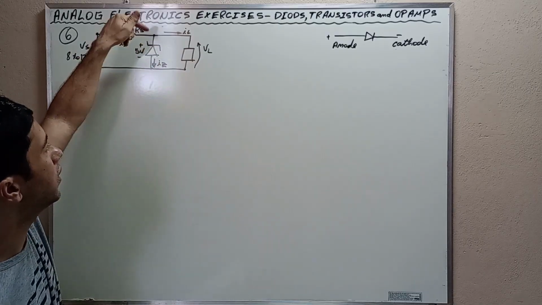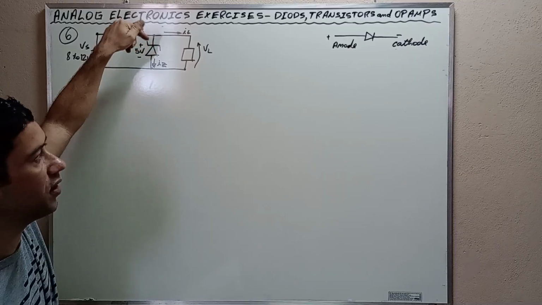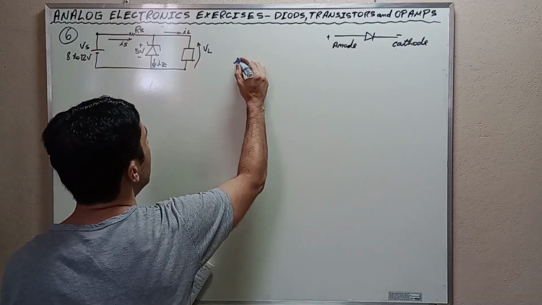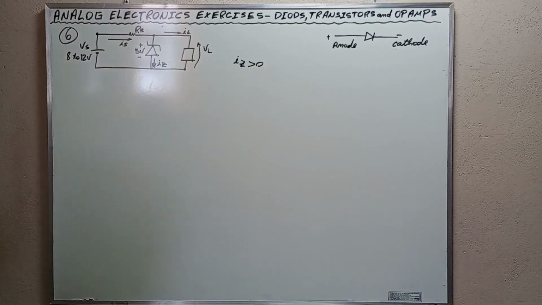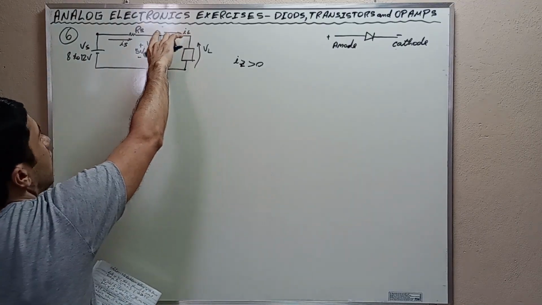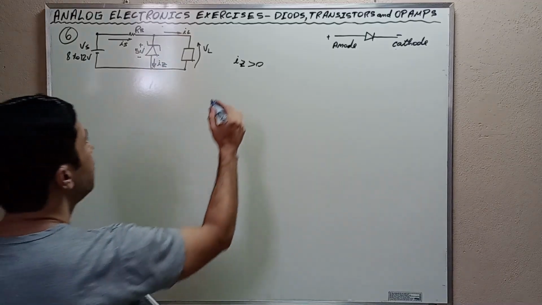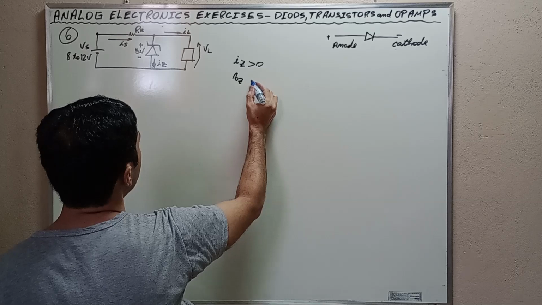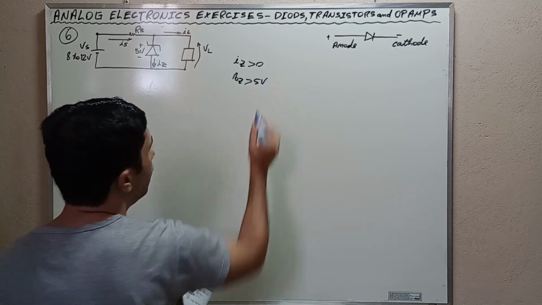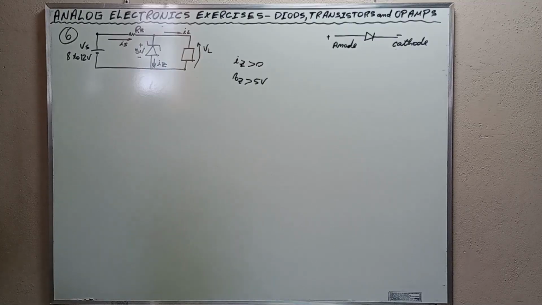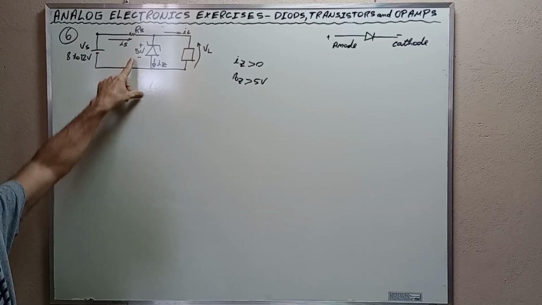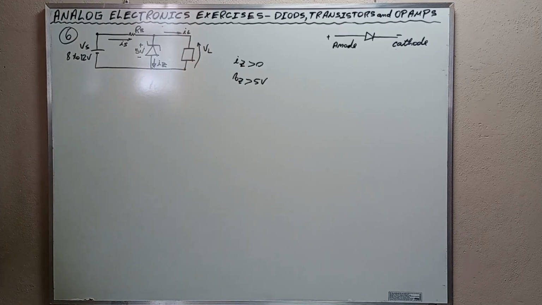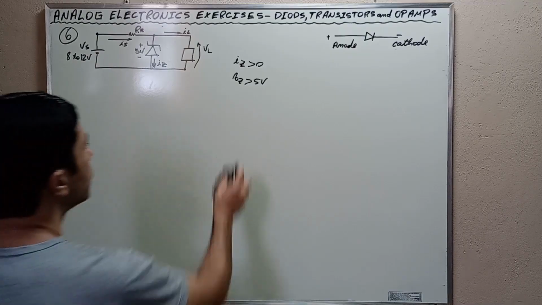There will be current here, Iz will be greater than 0 only if the voltage here across the Zener, Vz, is greater than 5 volts, okay? The Zener will conduct only if the voltage is greater than its breakdown voltage. Okay, my friends, this is the purpose of using a Zener diode.